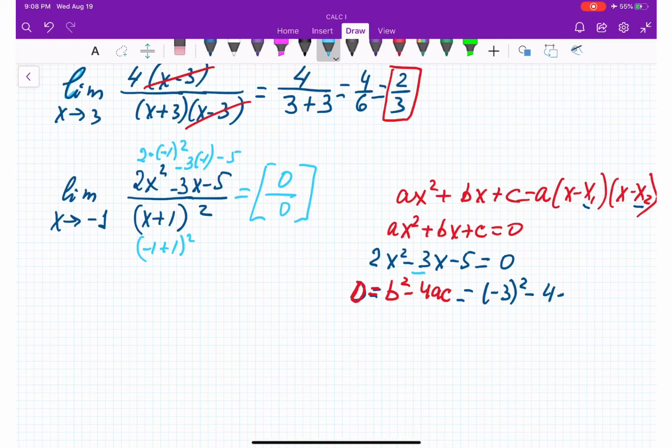My a is 2, right? If I compare, a is 2, b is the coefficient of x, and c is the free term, negative 5. So 4ac is 4 times 2 times negative 5.